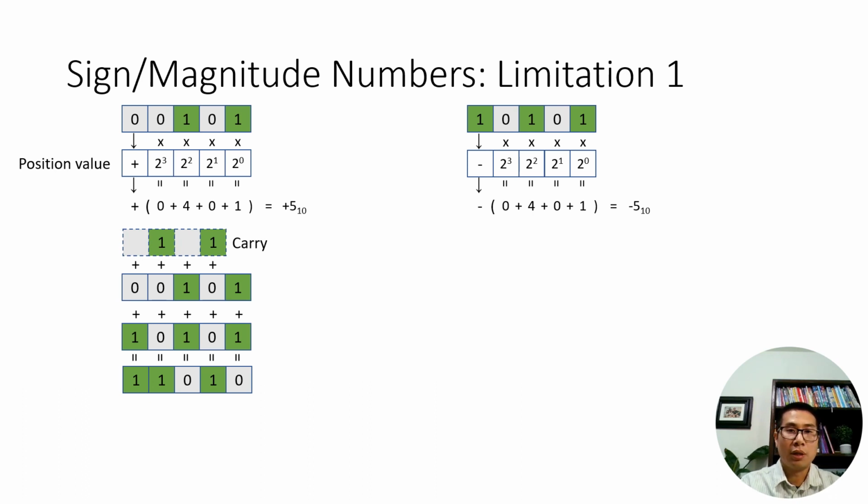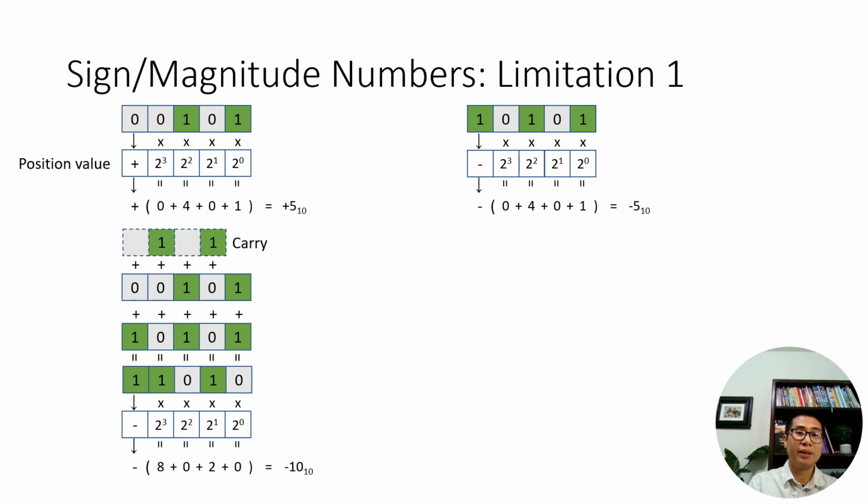So let's perform the check over here. If we translate this 1 as a minus sign with the corresponding position values and multiply them, we're going to get minus 10.